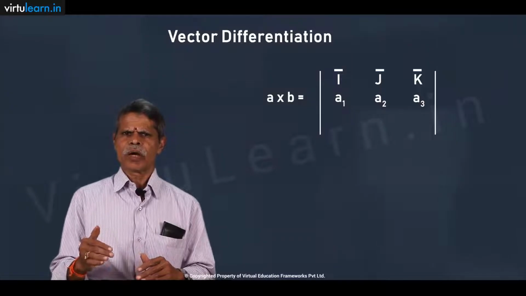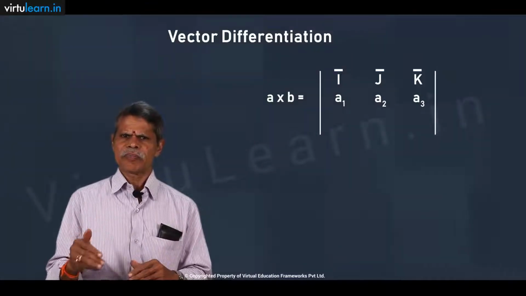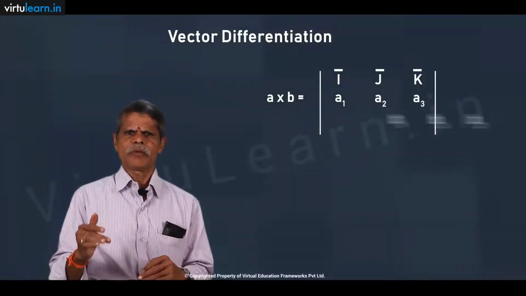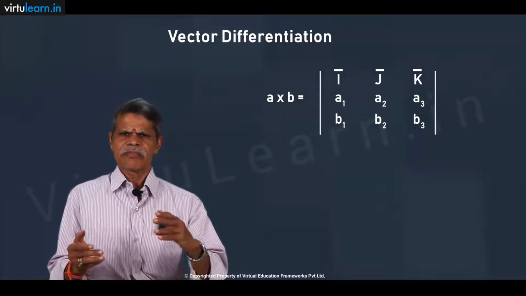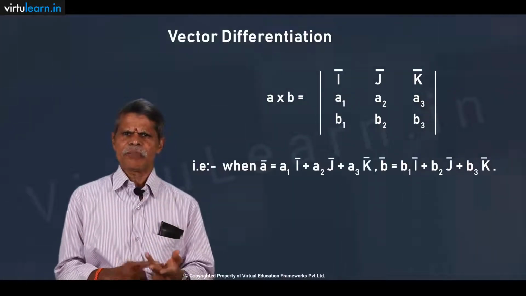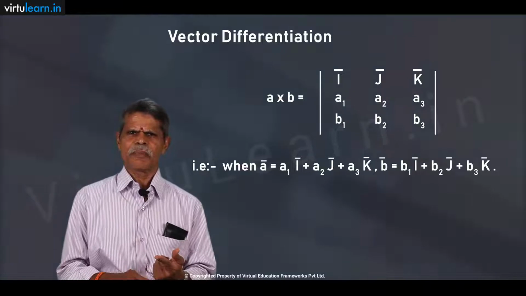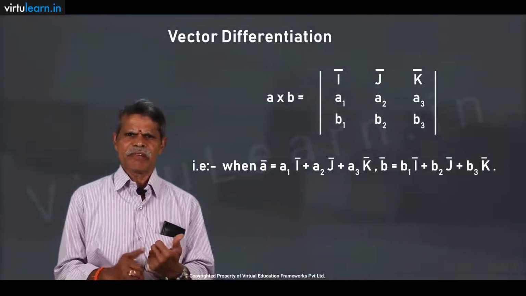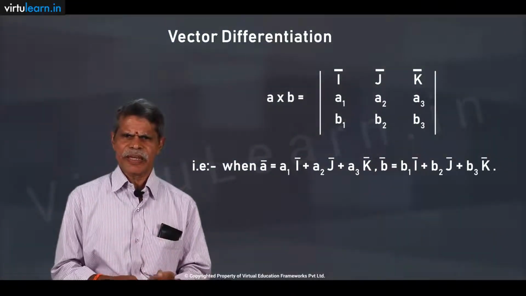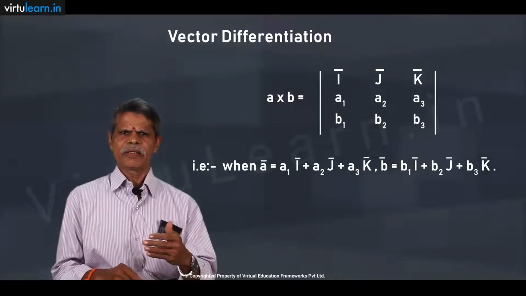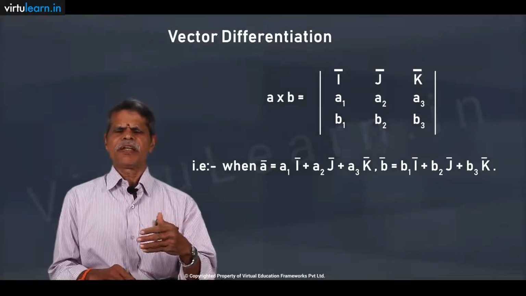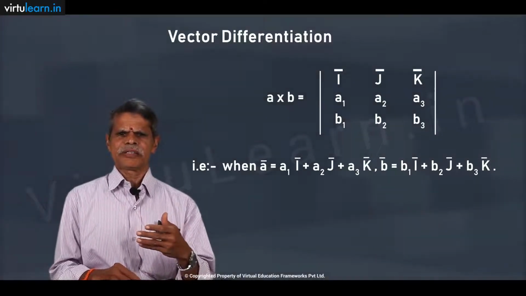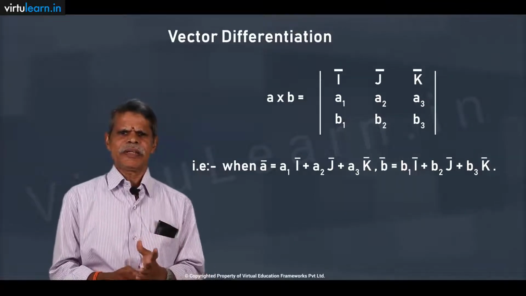In the third row, we write the components of B bar, B1, B2, B3. That means when A bar is A1 I bar plus A2 J bar plus A3 K bar, and B bar is B1 I bar plus B2 J bar plus B3 K bar, then the cross product can be defined by means of this third order determinant.